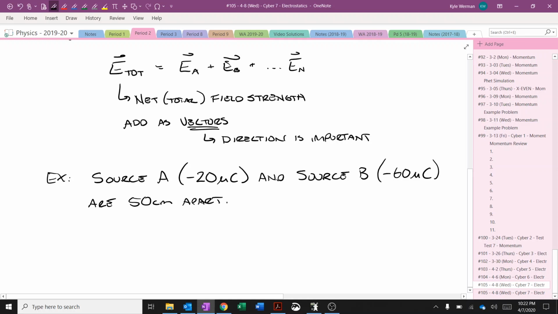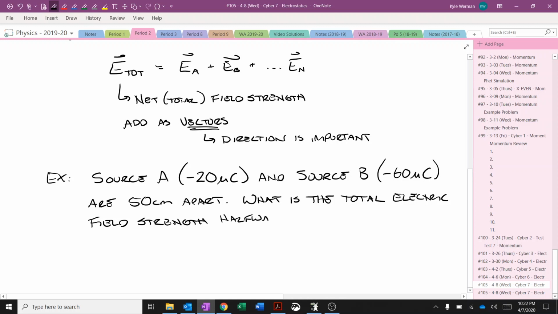What I want to know is, if I brought some particle in between those two, right at the midpoint, what is the total electric field strength halfway between the two sources?